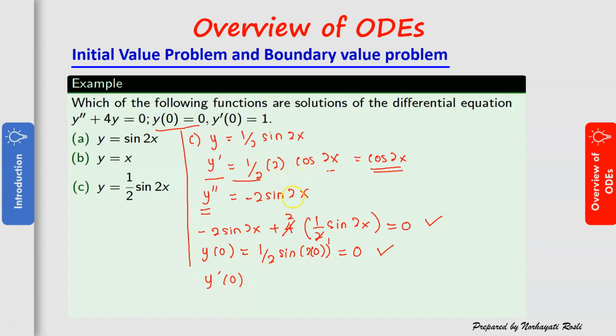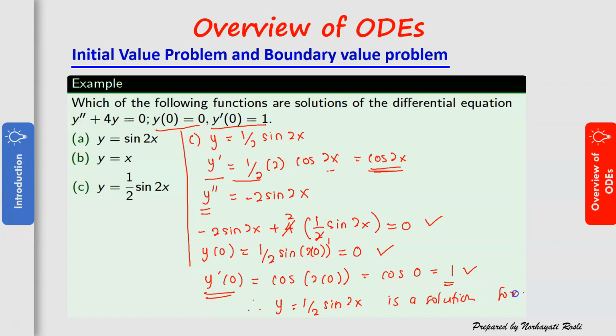So now when we substitute x equal to 0, y prime(0) equal to cos 2 times 0. That is cos 0, which is equal to 1. So you can see this y prime(0) equal to 1, so it fulfills this condition, meaning that now it fulfills these three things. So we can say that y equal to 1 over 2 sine 2x is a solution for the differential equation.